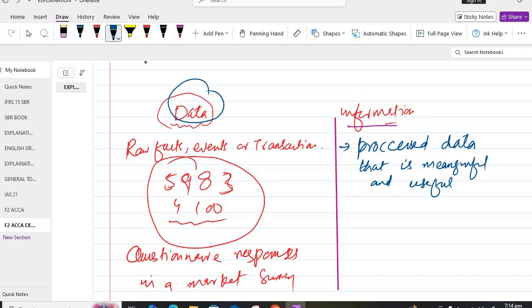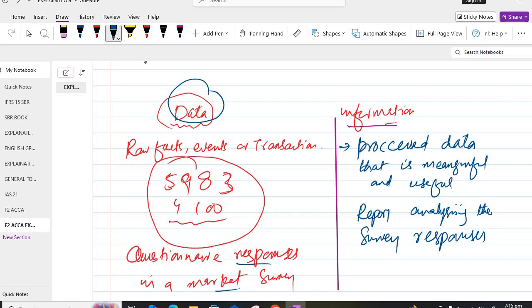So the example is that as we have just collected the questionnaire responses from the market survey, a report analyzing the survey responses for decision making will be your information.